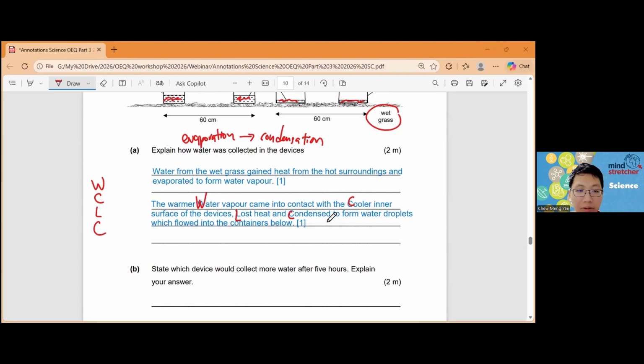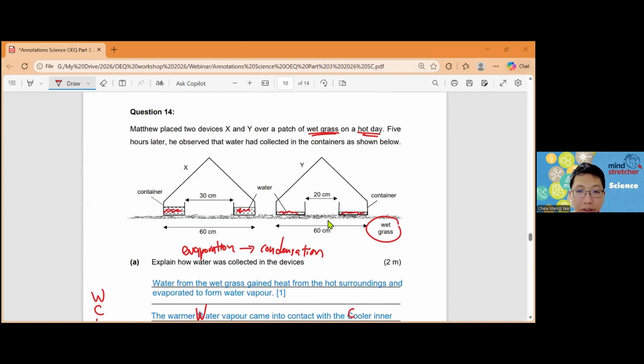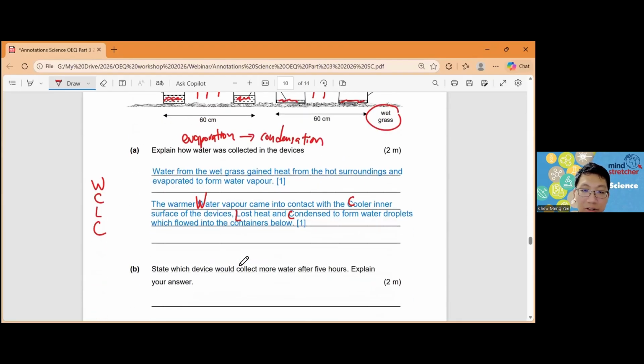A very common mistake is some students might choose Y, because you are confused, you think that, oh, looks like a bigger container, so they collect more water. But essentially, it's not how it works. What we want is the water to evaporate faster. This one evaporates slower because of a larger exposed surface area in X.